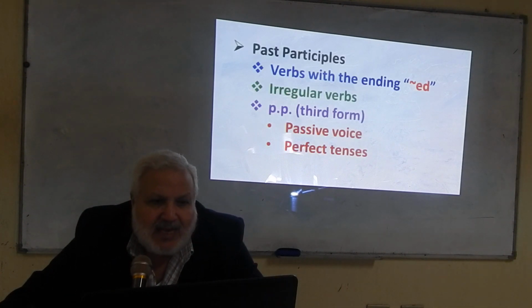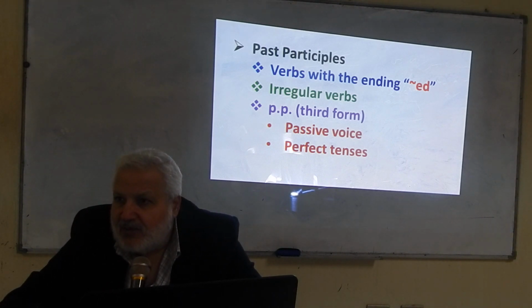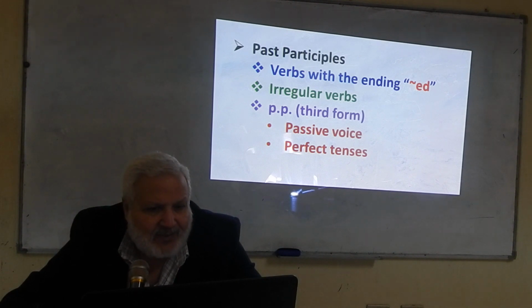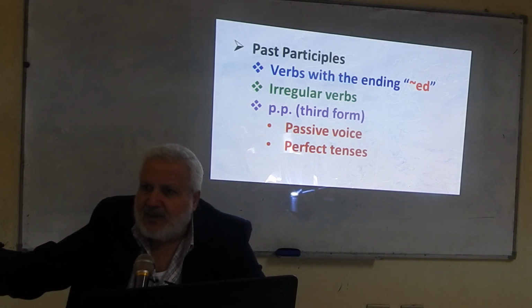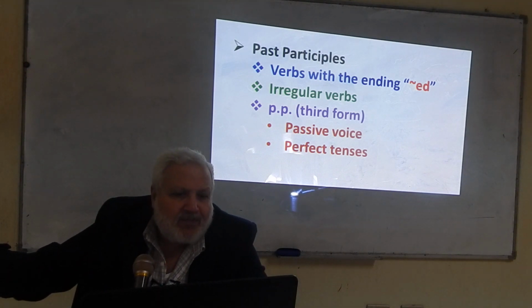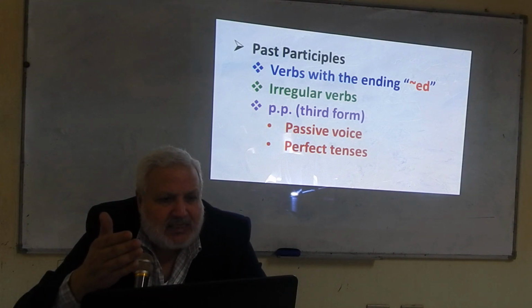So a past participle is used, which is when we add -ed in regular verbs. But in irregular verbs, it will be the third form. But I'm using it in two things, which is passive.